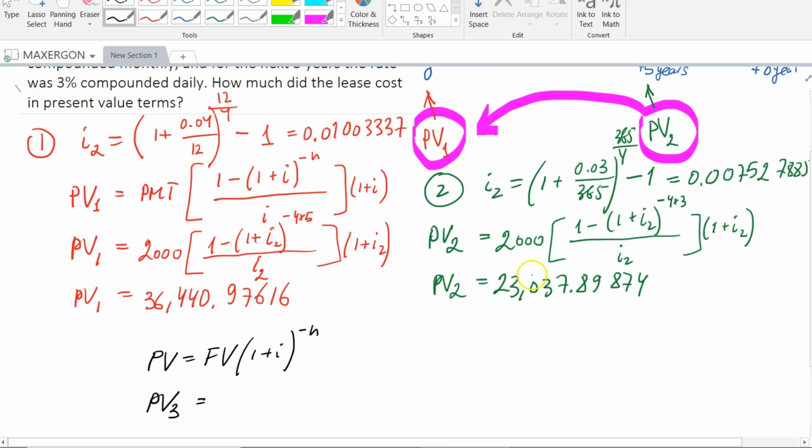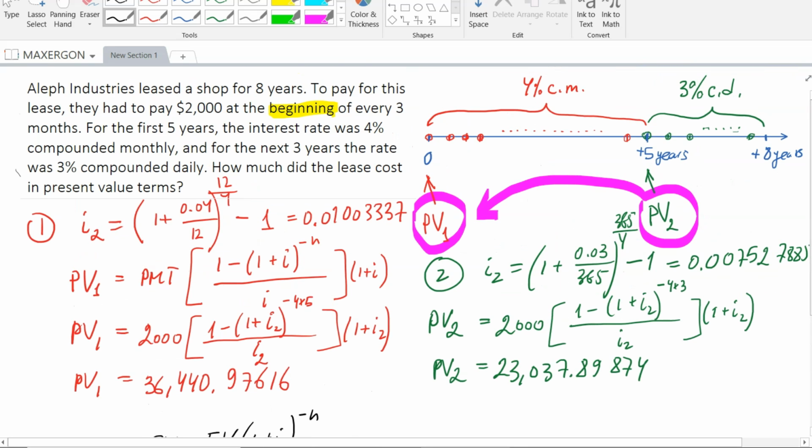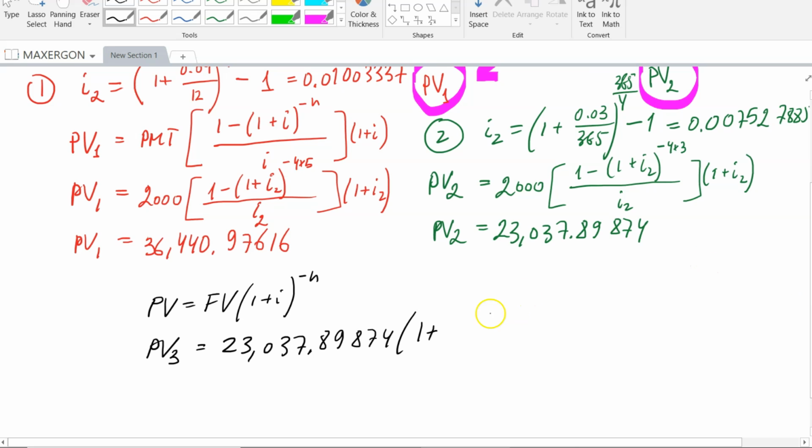Future value is present value 2, this amount, 23,037.89874. The rate which is active in that red zone is 4% compounded monthly. That's the rate we're going to use.